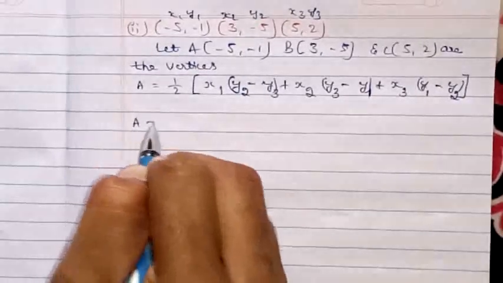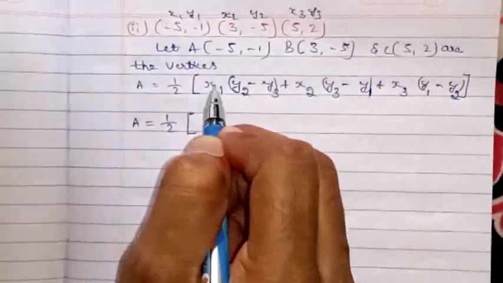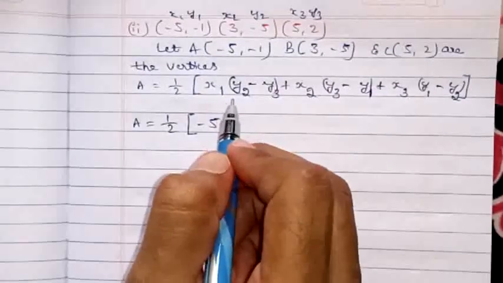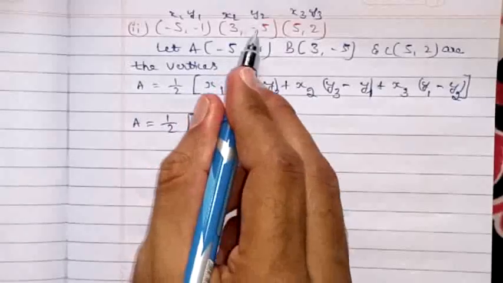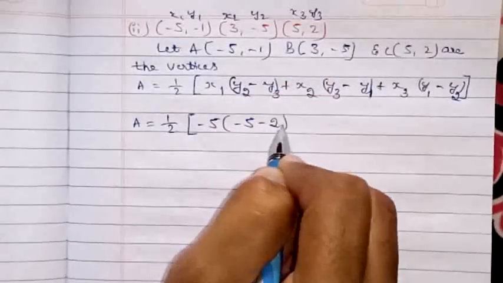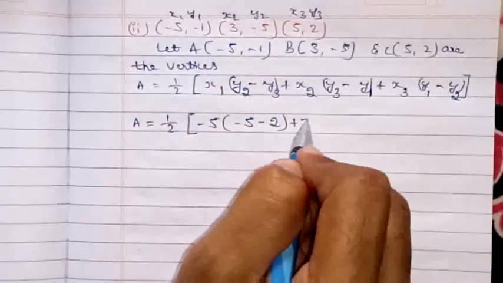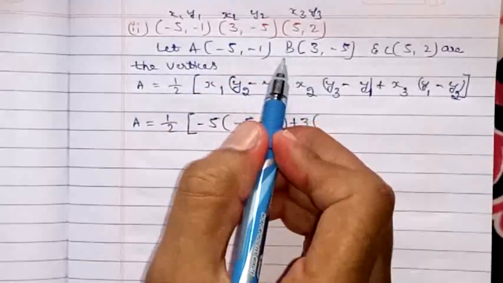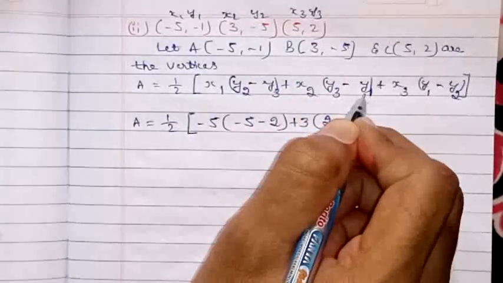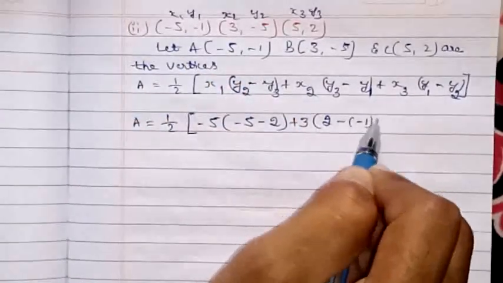So therefore A is equal to half into, now x1 is -5. So y2 is how much? y2 is -5 minus y3 which is 2, okay, plus x2 which is 3 into y3 which is 2, minus y1 which is -1, so write it in a bracket.